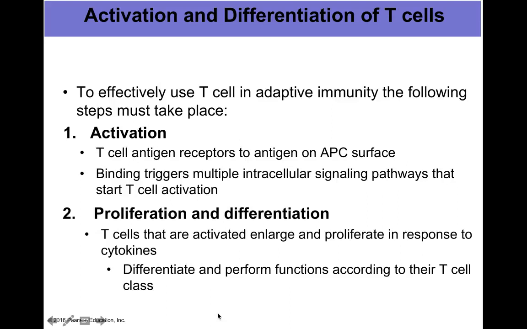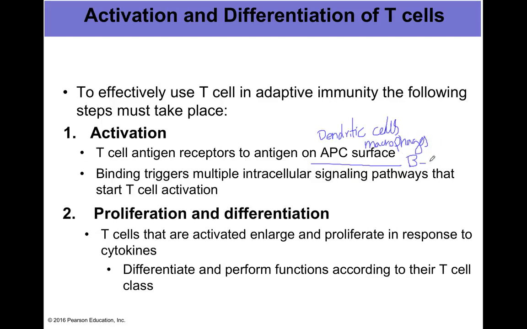So, looking at the process of T cell activation and proliferation, activation, as I mentioned, relies heavily on antigen-presenting cells, which were dendritic cells. That's one of the main categories. The other main category was your macrophages. This is kind of a review from the earlier lectures.